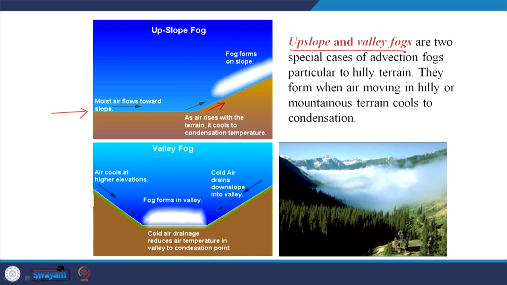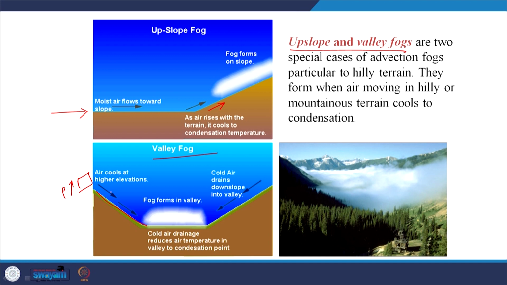And valley fog is another type of fog, as you see in this picture. There is an air mass here. Air cools at higher elevations. As it cools, the density increases, of course, so it has the natural tendency to occupy low altitudes, right. This elevation also supports this.